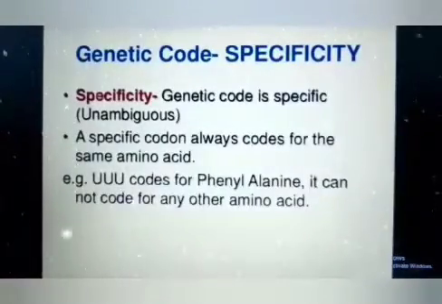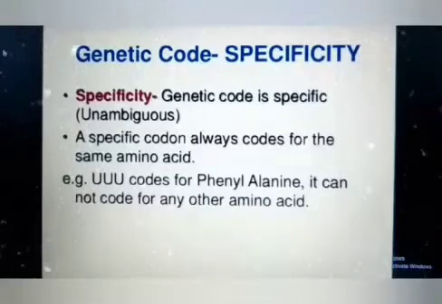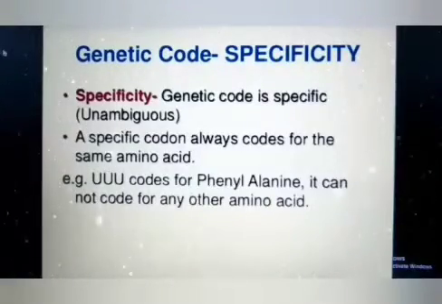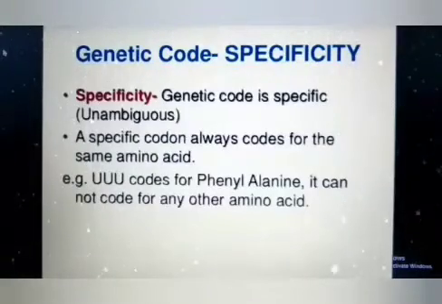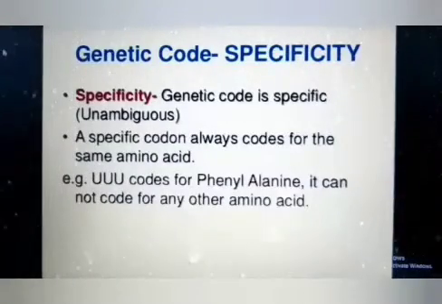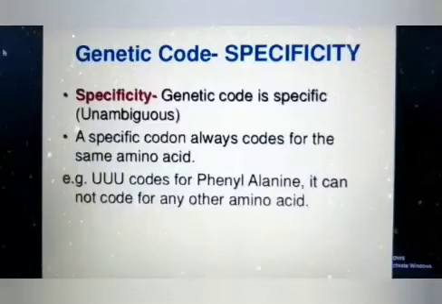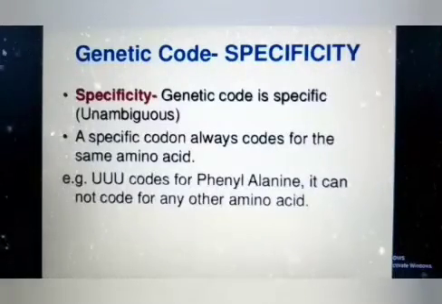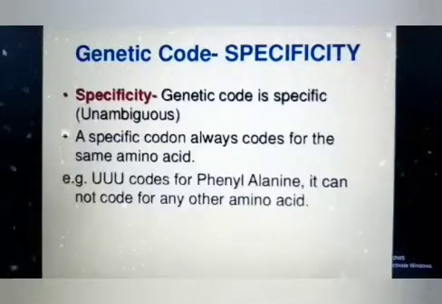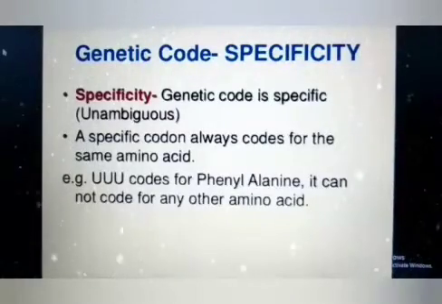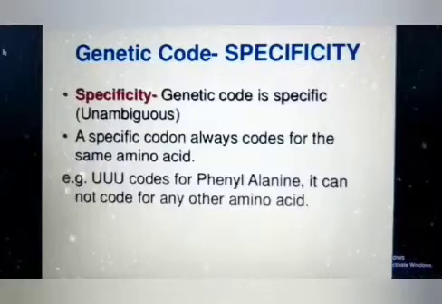Next is the genetic code specificity. Genetic code is specific or unambiguous. A specific codon always codes for the same amino acid. For example, UUU codes for phenylalanine.